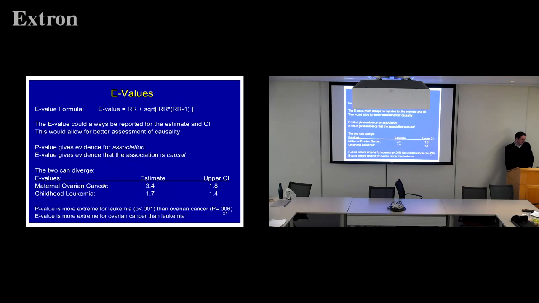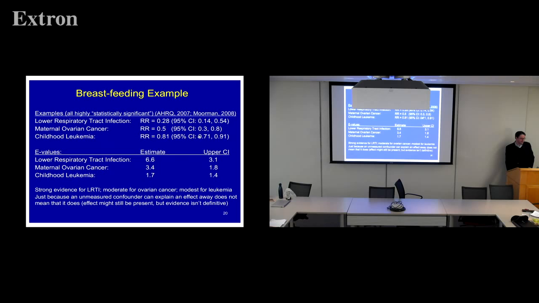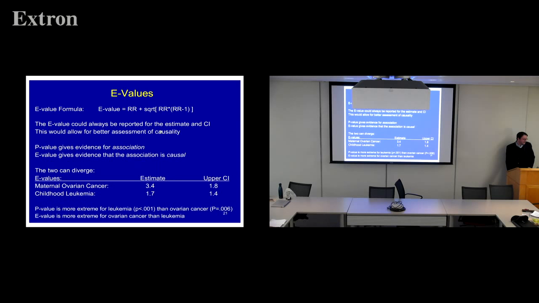If we look at the p-value for leukemia, which has a smaller estimate, it's actually more extreme. It's less than 0.0001. Whereas the p-value for maternal ovarian cancer is still fairly extreme, but 0.006. Not as extreme as leukemia, but the e-value for ovarian cancer is more extreme than it is for leukemia.